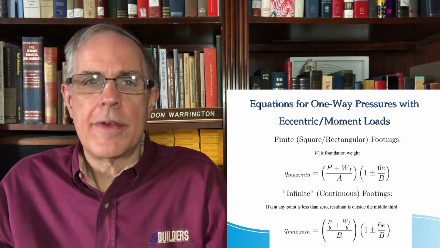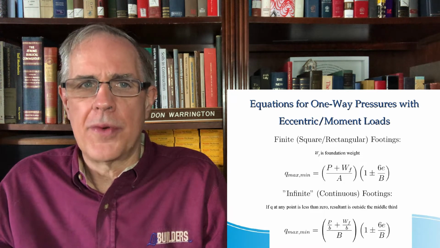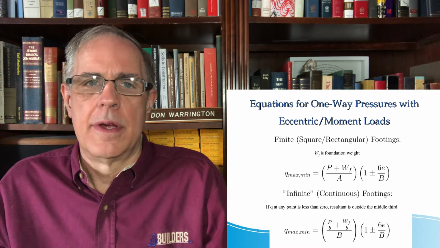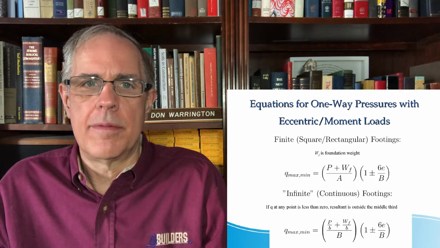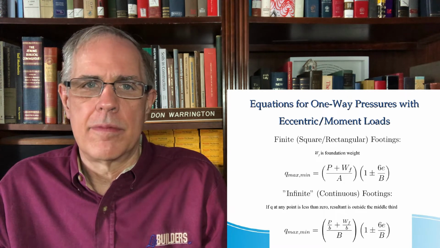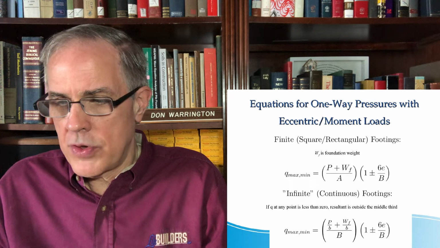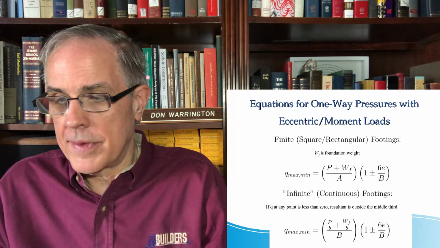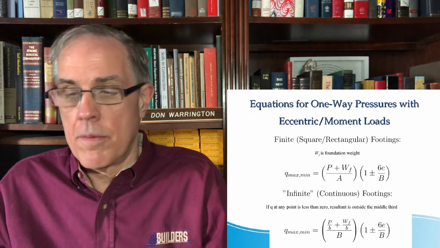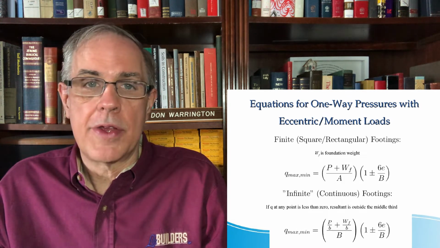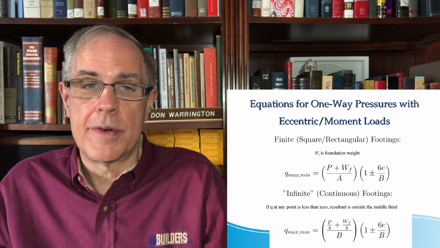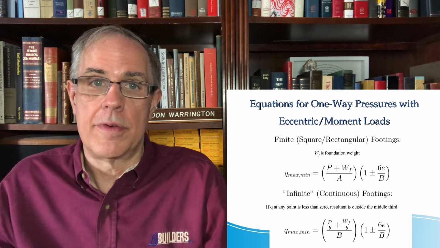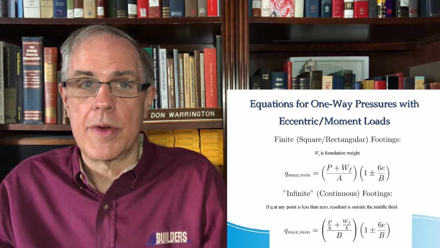Now, let me give you a little hint. If you don't like the middle third concept, the way you get around this problem is you can compute both the Qmax and the Qmin. As long as both of them are 0 or positive, greater than or equal to 0, you're in business, because you don't have liftoff.